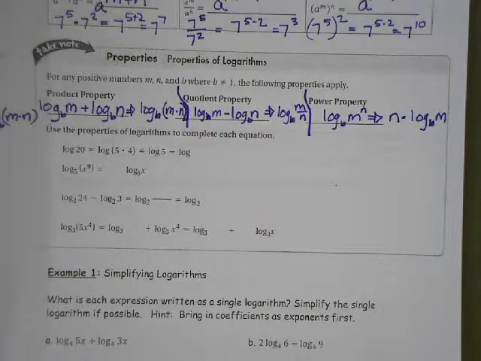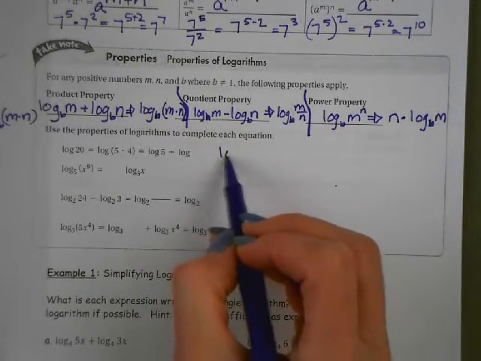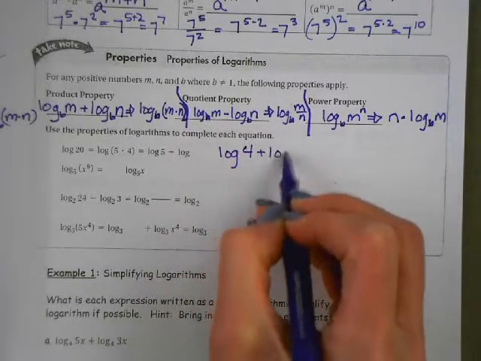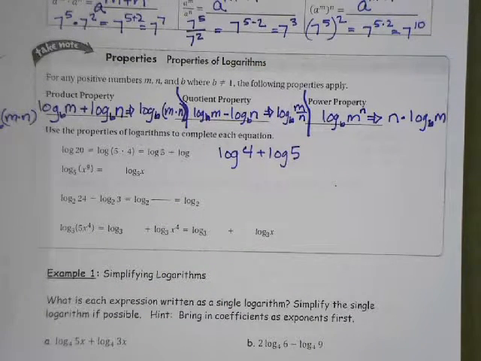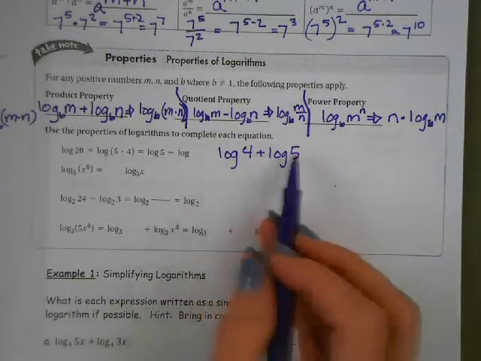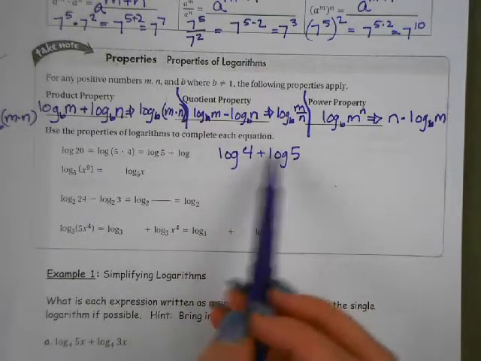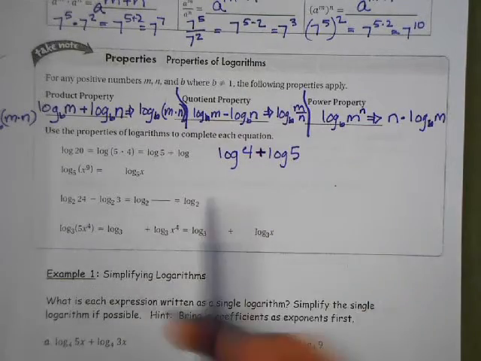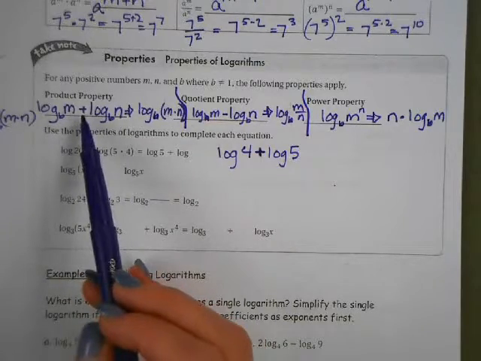Alright, so let's give an example. Before we look at what's written here, I'm going to have you write log of 4 plus log of 5. So I have 2 logs that are being added together. When I see the addition sign here, I'm going to use the property that would allow me to simplify them. If I look across here, the product property has the addition sign, right?